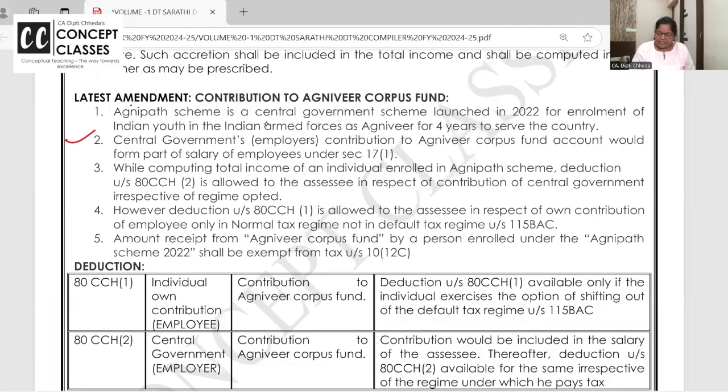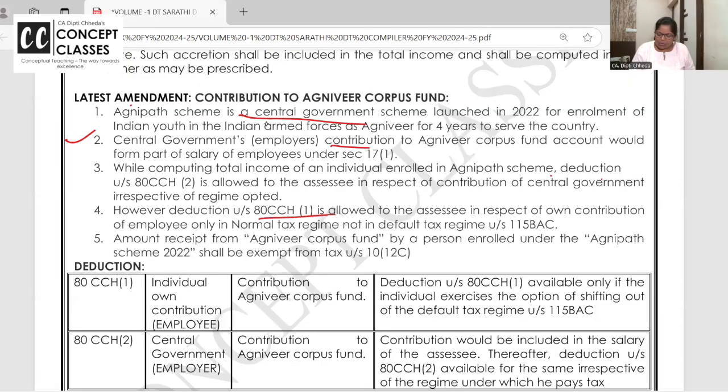The central government's contribution to the Agniveer Corpus Fund is taxable in salary. The employee's own contribution, if they contribute, is not taxable. And deduction is allowed subject to some limit. Let me read it, it will be clear for all of you. Agniveer is central government, the employer.